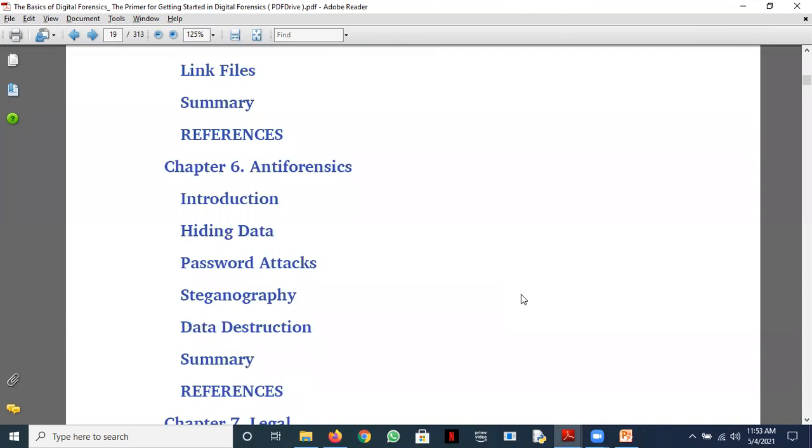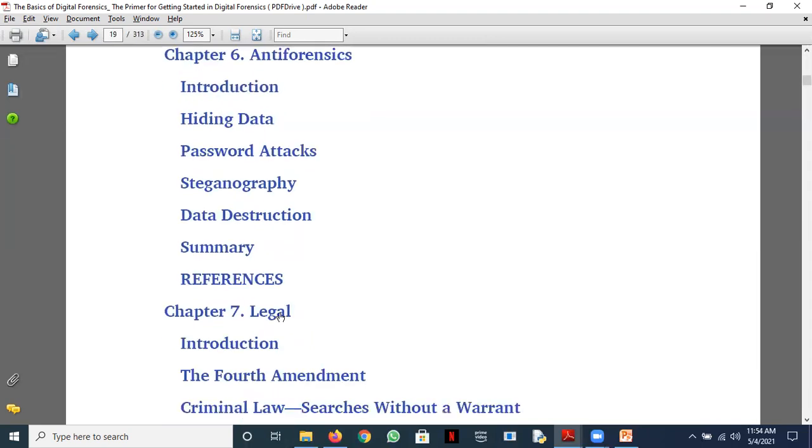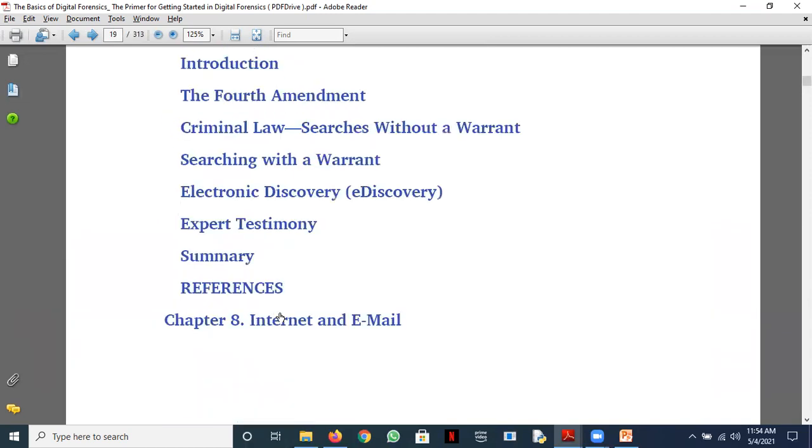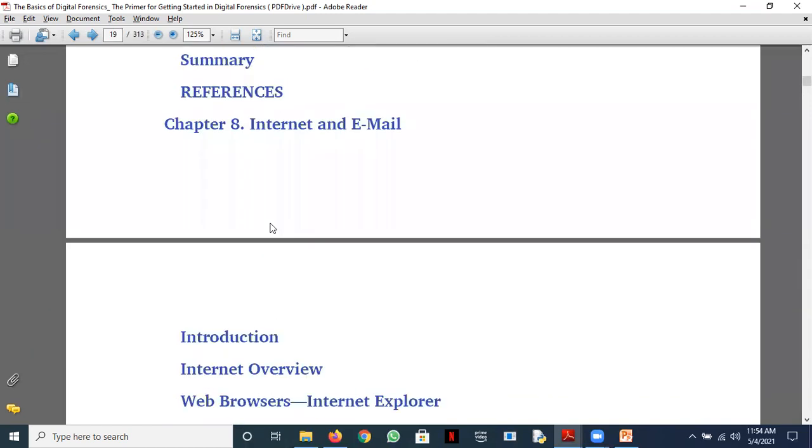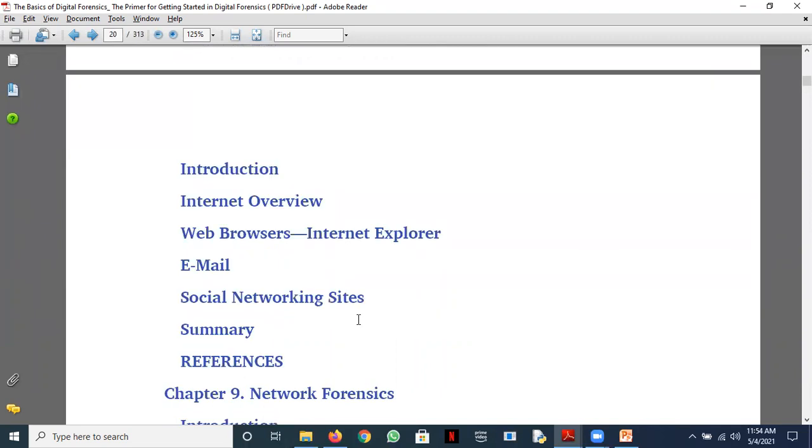This book is organized in a very good way, so a lot of detail is there. Very good detail, like what are password attacks, what is steganography, things that you might have already studied in your BTech, but now you can explore in greater detail. Then the legal aspects, then how to check the internet and email, how to use the web.